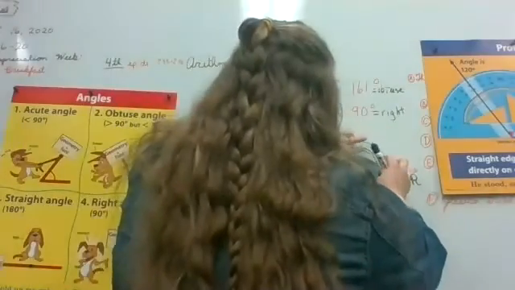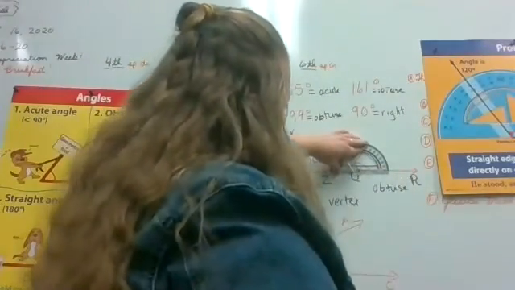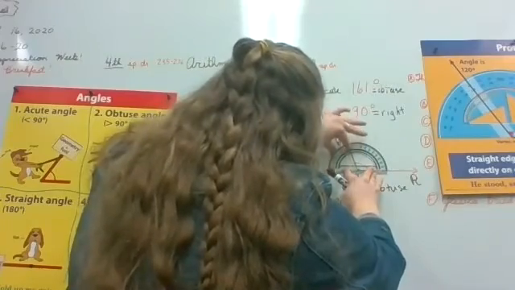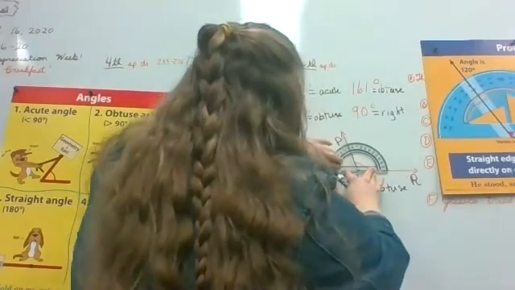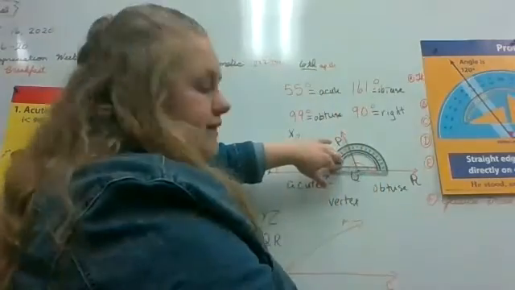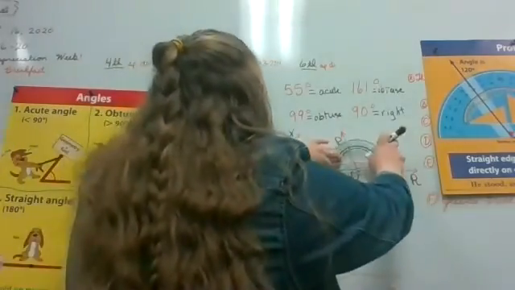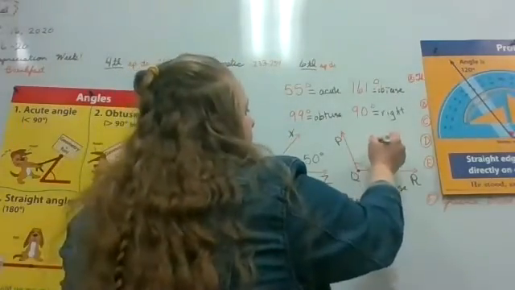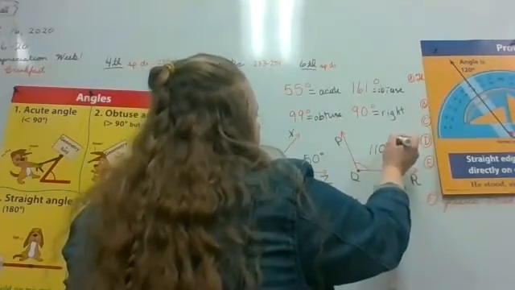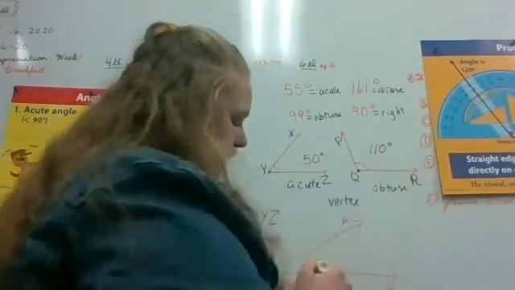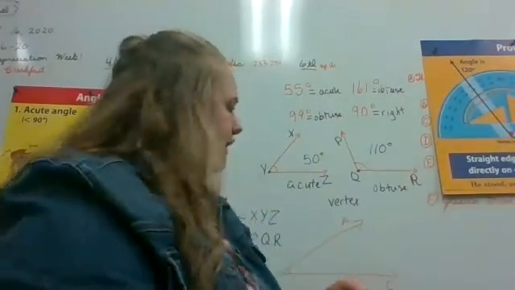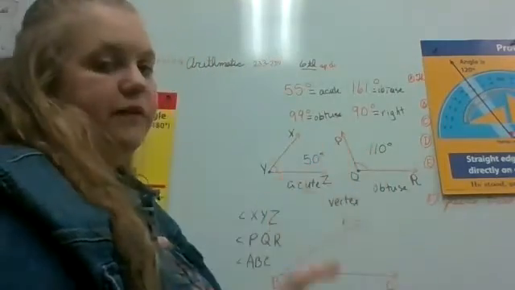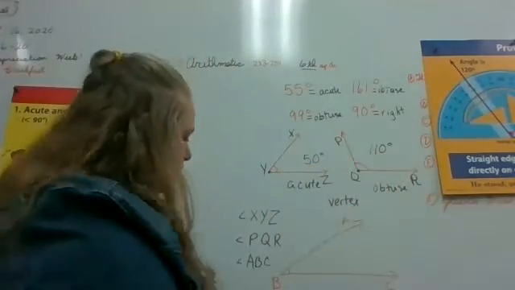And then right here, we're going to measure the same way. You probably cannot see the degrees on here, but it's at 110 degrees. Notice that that is more than 90 and less than 180, so it is an obtuse angle, as we've already established by looking at it, but we can also verify with a protractor.